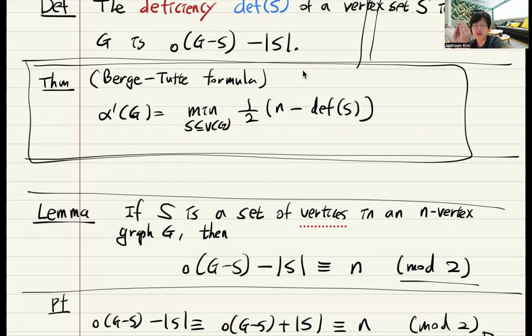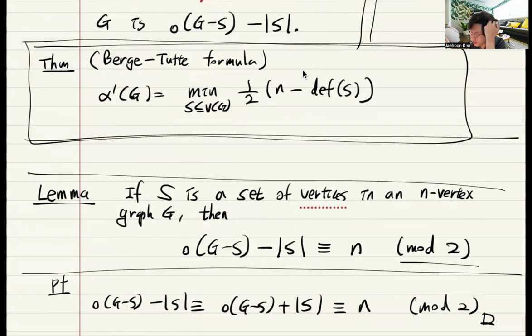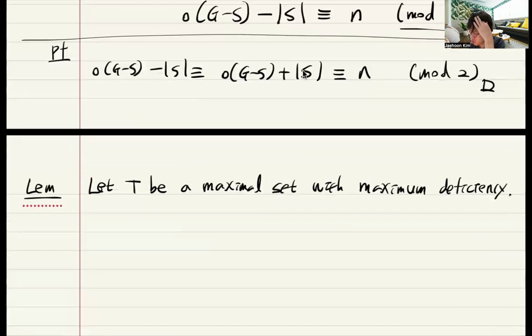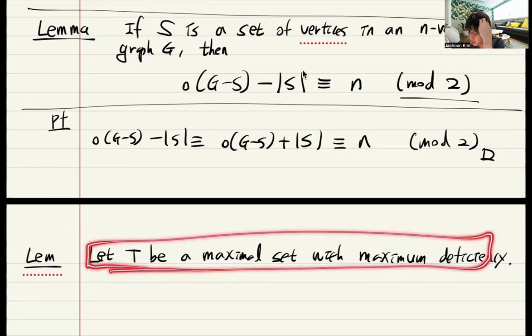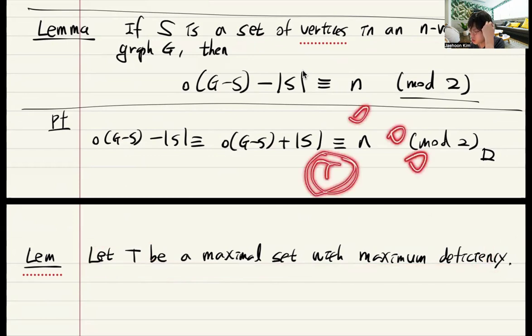We took a specific S whose neighborhood set has the same size as S. And then that partitions the graph into two, and then you find the matching in each of them. Here, we do it in a philosophically similar way. We will take such a set T, the maximal set with maximum deficiency, and then see what the graph structure looks like, and then we try to apply induction on this structure.